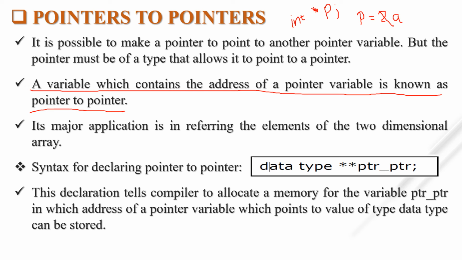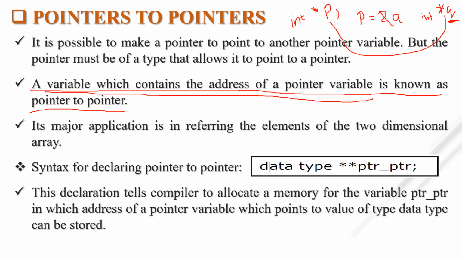But what is the definition of pointer to pointer? A variable which contains the address of a pointer. So suppose I have another pointer, integer star q. This q must contain the address of a pointer, then and only then can I say this is a pointer to pointer.